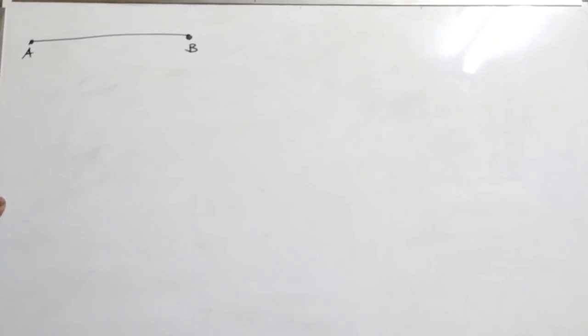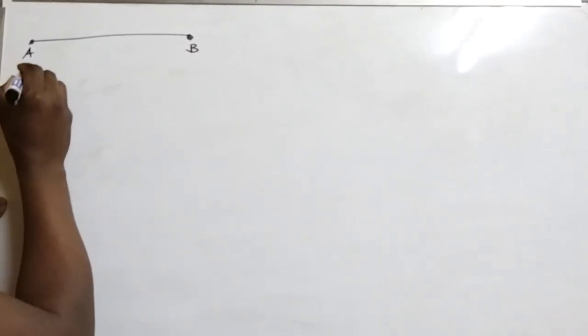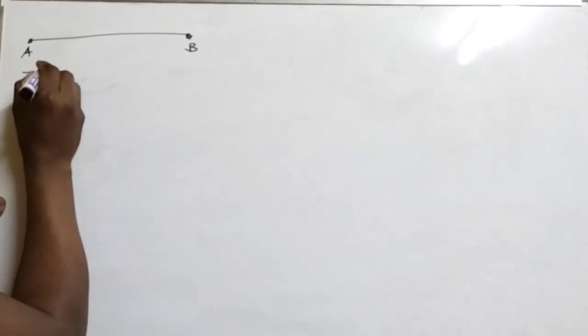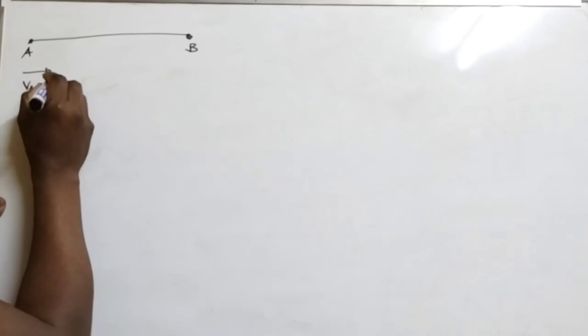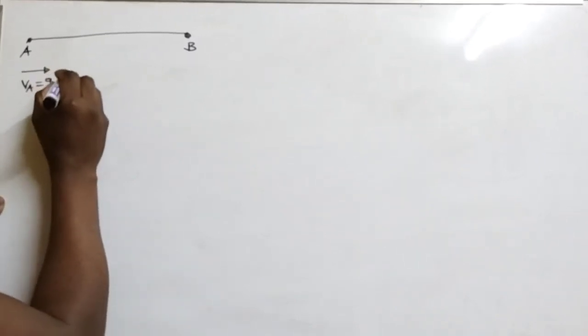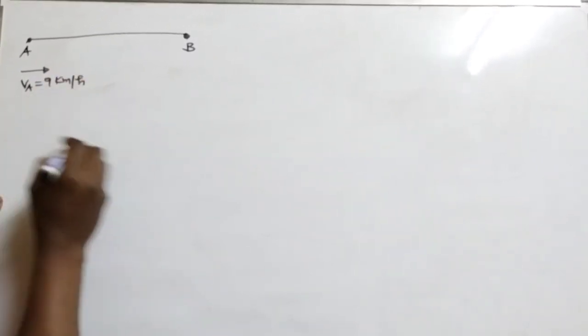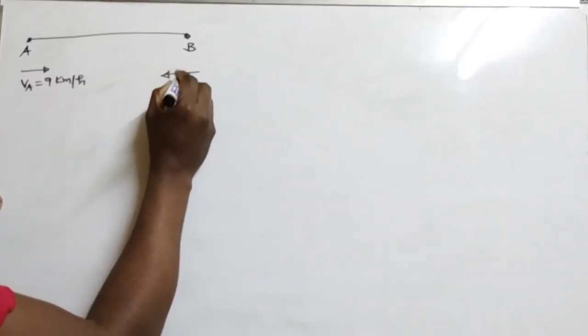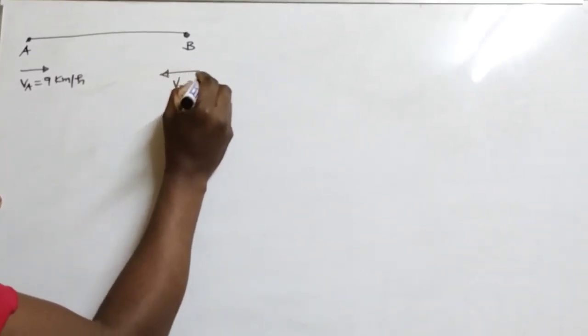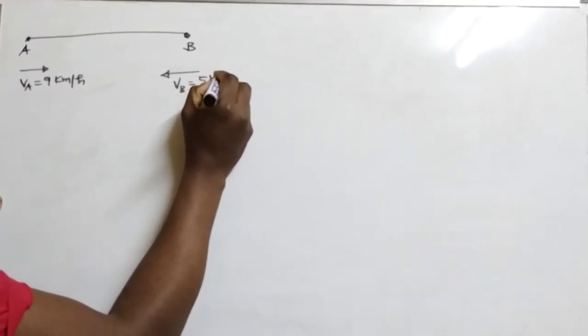Now the question says that A is moving toward B with a velocity VA, which is equal to 9 kilometers per hour. And B is moving in the opposite direction to A with a velocity VB, which is equal to 5 kilometers per hour.